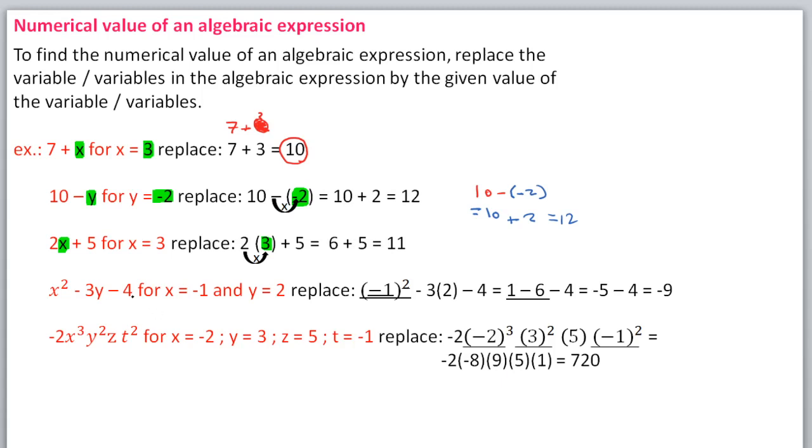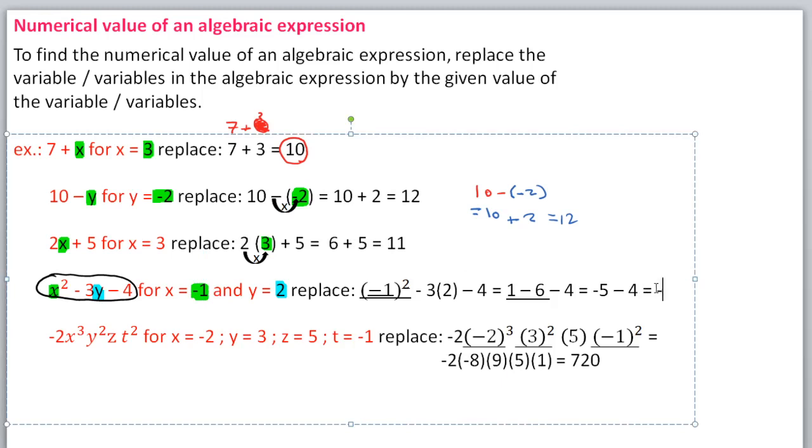more advanced. Okay, it is x squared minus 3y minus 4, for x equal negative 1 and y equal 2. So what you need to do here, you need to replace x by negative 1 and y by 2 only. Okay, so x by negative 1 and y by 2. Let me remove all this and solve it manually.